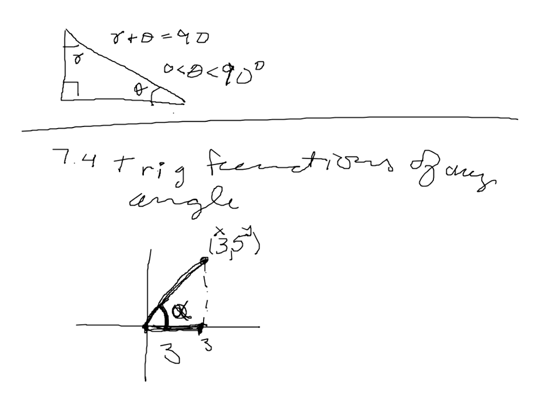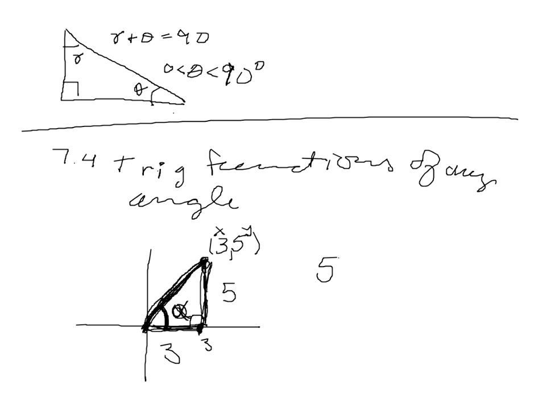The length of this side goes from y equals 0 up to y equals 5, so that side is 5. This side is basically the hypotenuse, or the radius, whether we think of it as a circle or a triangle. It's going to be the hypotenuse of this right triangle.